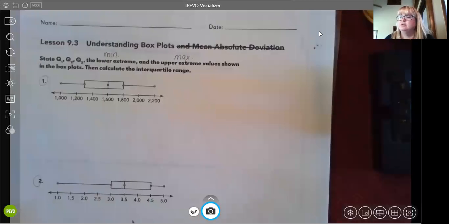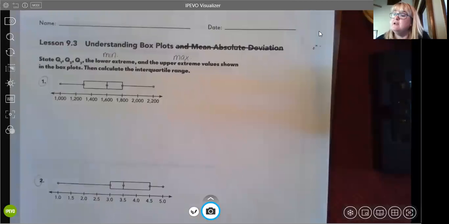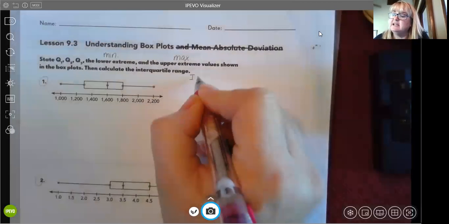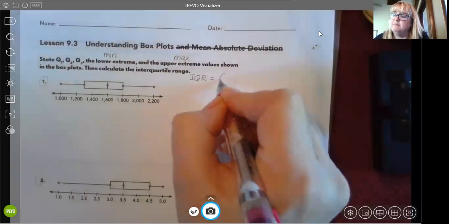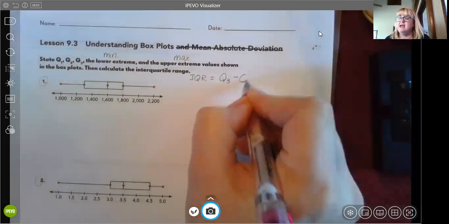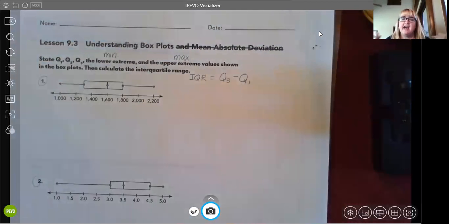Then calculate the interquartile range. If you remember from our last lesson, interquartile range is Q3 minus Q1, and it tells the range of the middle half of our data.